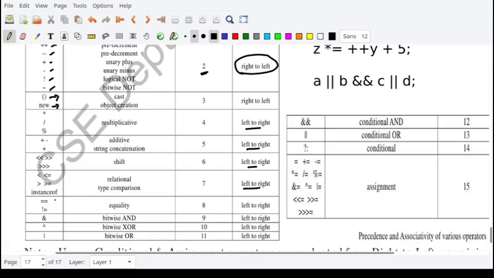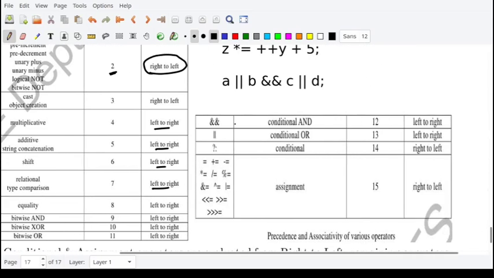Then equality operators like equal to, not equal to. Then you have bitwise and, bitwise XOR, bitwise OR. Note that they do not have the same precedence, and XOR and OR in case of bitwise have different precedence levels. They are all evaluated from left to right.